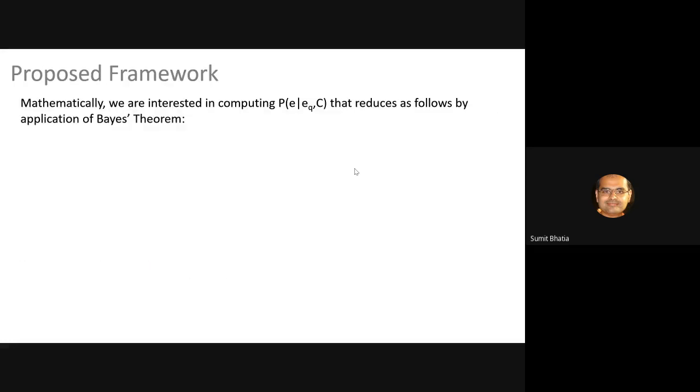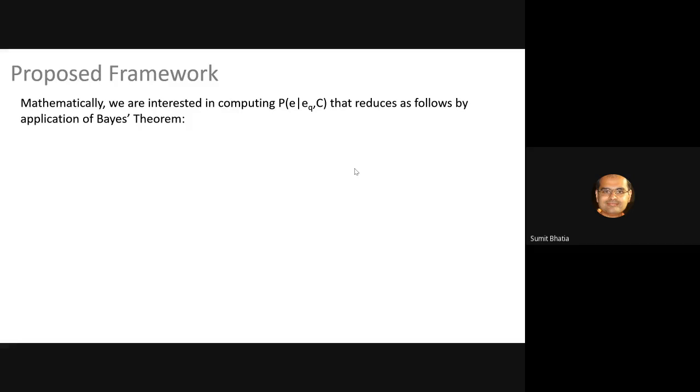Let's have a look. Now, mathematically, essentially what we are interested in computing is the probability of an entity given Q, that is, given my input entity and context C, what is the probability that an entity from the graph is useful, right?